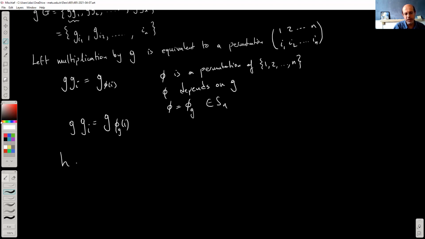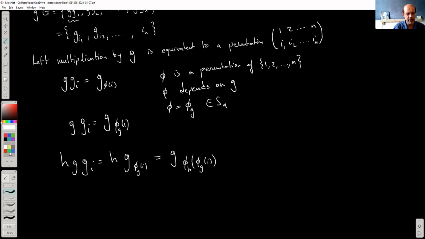If I have a left multiplication with another group element h here, I know that this is equal to h applied to g subscript with this index, whatever that is, let's call it j. It doesn't matter what it is. So therefore this is g of the permutation associated with h applied on phi_g of i.